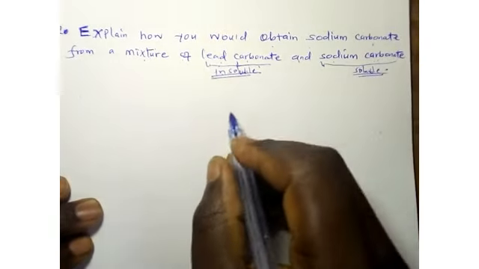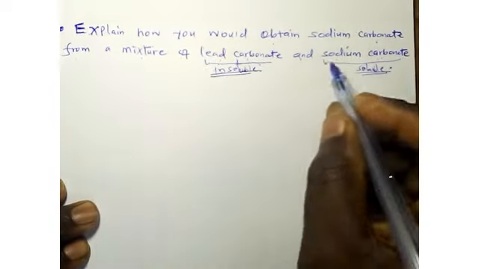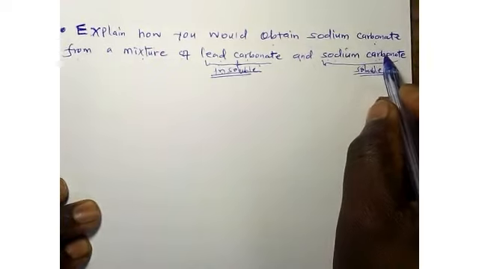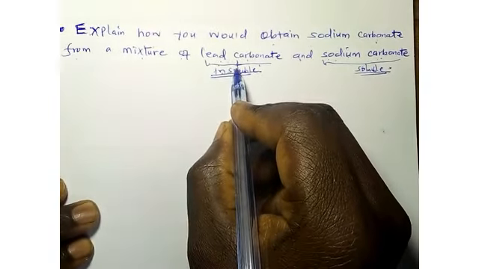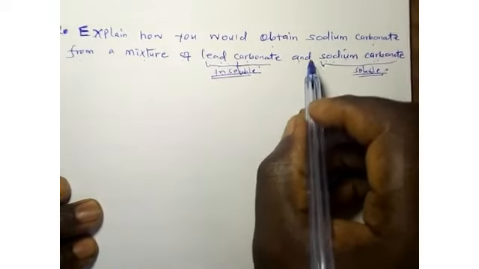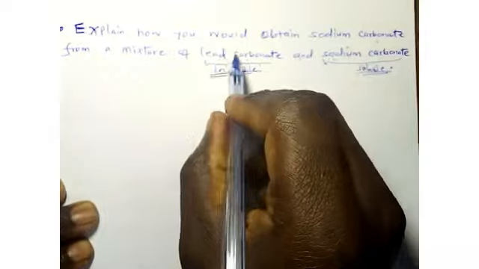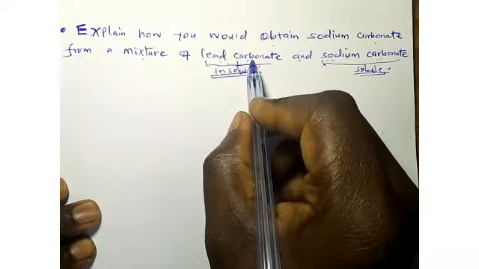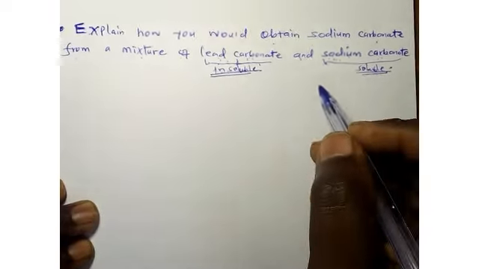Once you have identified that, the next thing you do is add water to the mixture, where sodium carbonate is going to dissolve and lead carbonate is not. From there, you will do filtration. Sodium carbonate is going to be obtained as the filtrate, and lead carbonate is going to remain as the residue. You will evaporate the filtrate and obtain sodium carbonate salt.